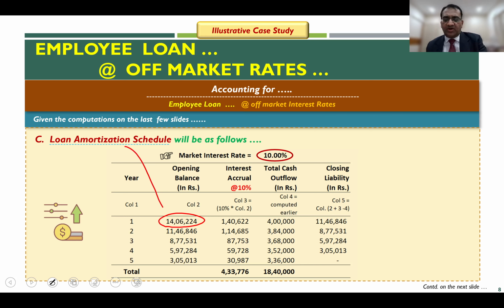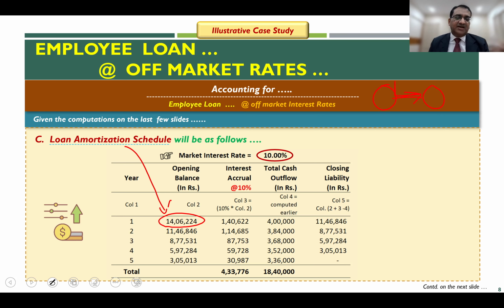When you are developing the loan amortization schedule, this fair value of the loan becomes your opening loan liability. Now, you have to accrete interest on this principal because the entity has given loan to the employee. Therefore, the entity is entitled to interest income.